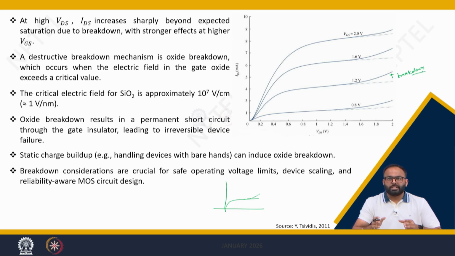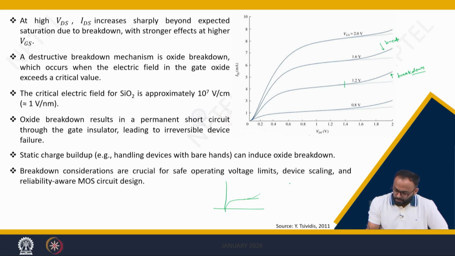Because of the high electric field, there is impact ionization and avalanche. Because of the avalanche phenomenon, the current increases and you can say a breakdown occurs. This is called non-destructive breakdown. It means if you reduce the voltage, ultimately the current will go down in the limited range. However, there are also destructive breakdowns.